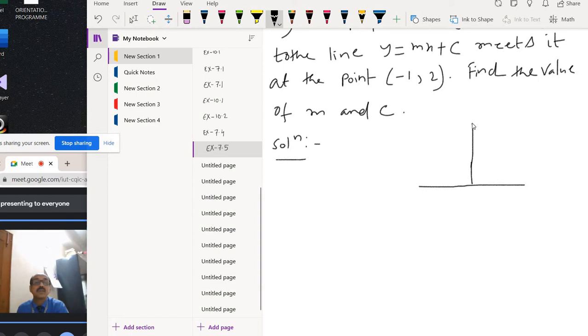So this point is P, 0 0, the origin, and Q is minus 1 comma 2.